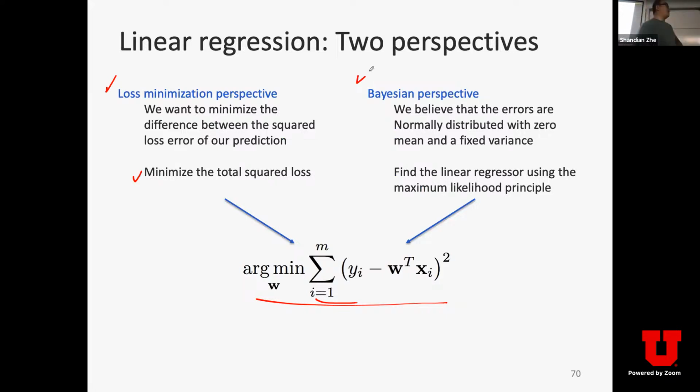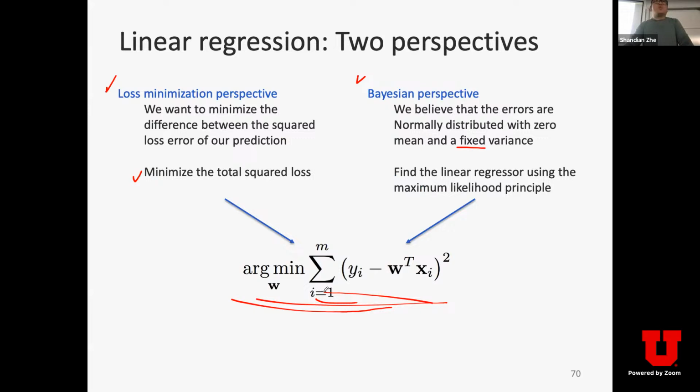And we can also explain it from a different perspective, namely the Bayesian perspective. This Bayesian perspective assumes that the errors are normally distributed with zero mean and some fixed variance. Now, if we do maximum likelihood estimation on the linear hypothesis space, our best hypothesis is found by minimizing this mean square objective function as well.